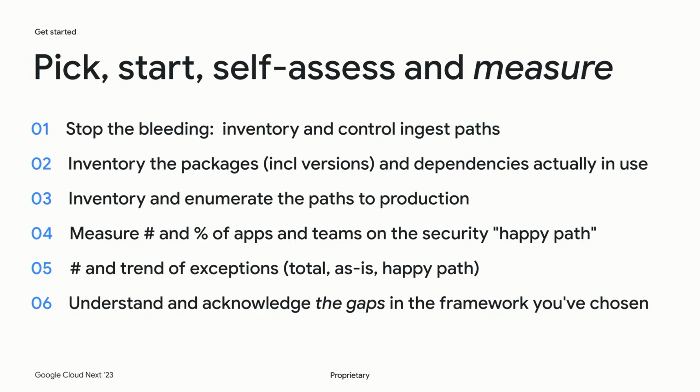So first step, do you know how open source or external code gets into your system? Do you have an inventory of all the different ways your development teams can pull code into your system? And are you controlling them, right? Without that, you're not going to be able to stop the bleeding. Next, once you understand the paths, do you have a sense of what you're actually using, right?